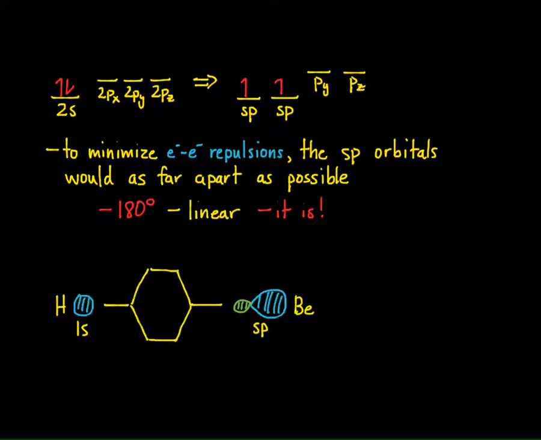And so now I can draw my energy diagram, and I say, because I know that when I mix 2 atomic orbitals, I get 2 new molecular orbitals, right? And of course, the bonding molecular orbital is going to be from the overlap of the sp with the 1s electron.